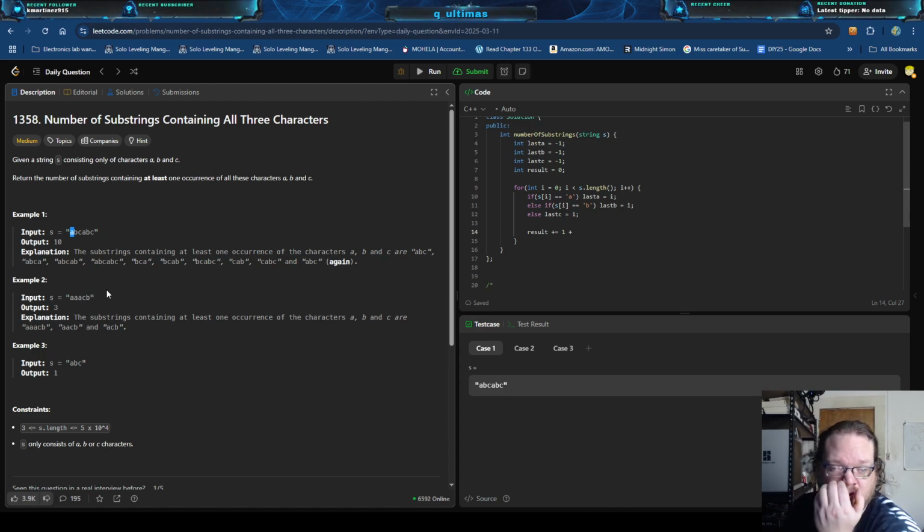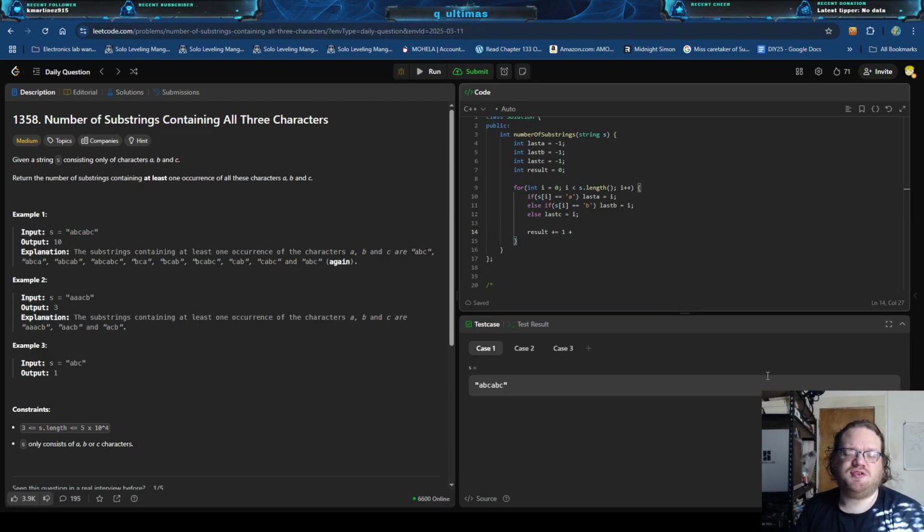Oh, I'm thinking about this wrong. So you hit C and you would add 1. If I do this, it would actually be B, which would be 1, which would be 2, because we've just reintroduced, right? So this would just be the minimum of the 3.